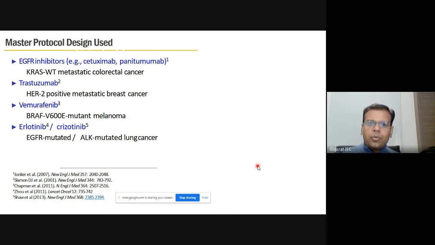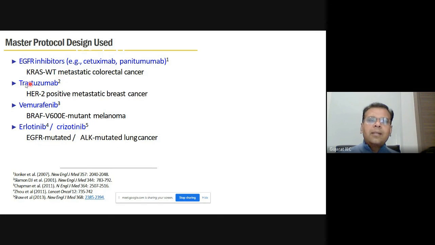Because if you go by the indication of just lung cancer, you may have scrapped the drug erlotinib or crizotinib. But when you came to know that this drug acts on the EGFR mutation, and in EGFR-mutated or ALK-mutated lung cancer it shows a really good effect.